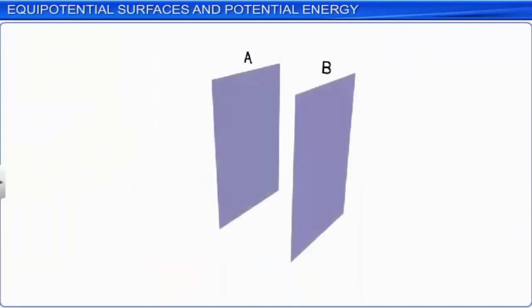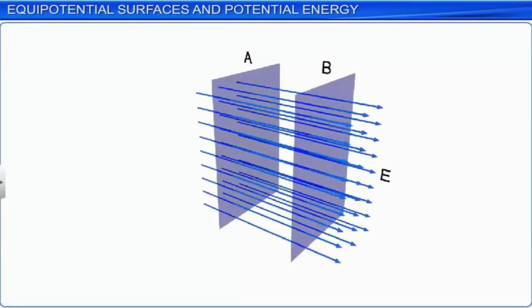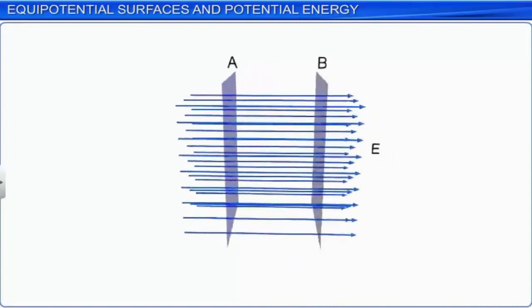Consider two equipotential surfaces represented as A and B in a uniform electric field of strength E, separated by a small distance delta R. Let the potentials at A and B be VA and VB respectively.